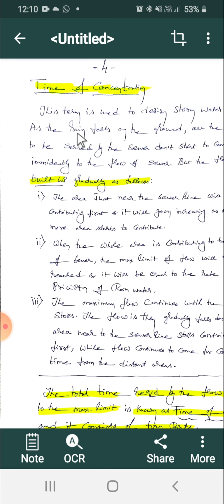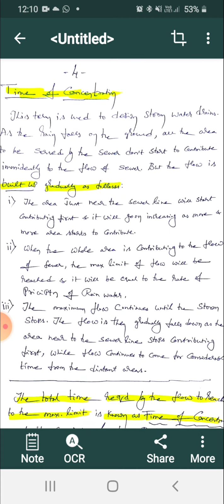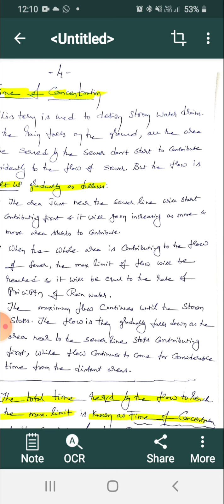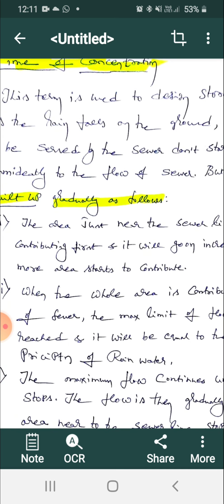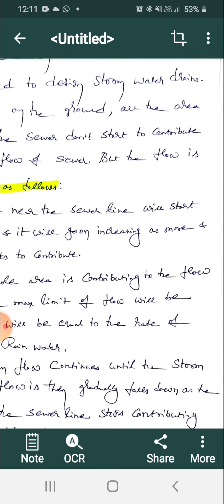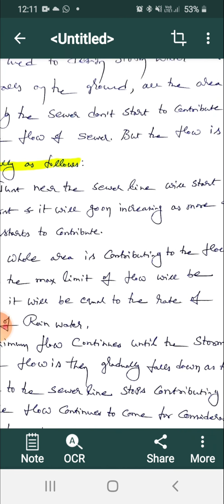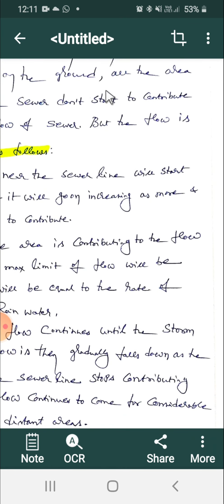As the rainfall occurs on the ground, all the area to be served by the sewer does not start to contribute immediately to the flow of sewage. You observe very carefully.